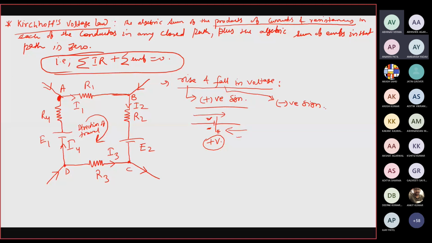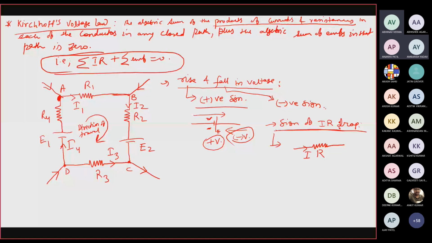This is one thing. Now, if we consider the sign of the potential drop across a resistor having resistance R, the sign of the IR drop in any loop: let us consider a resistor of resistance value R, and I is the current flowing through this resistor.